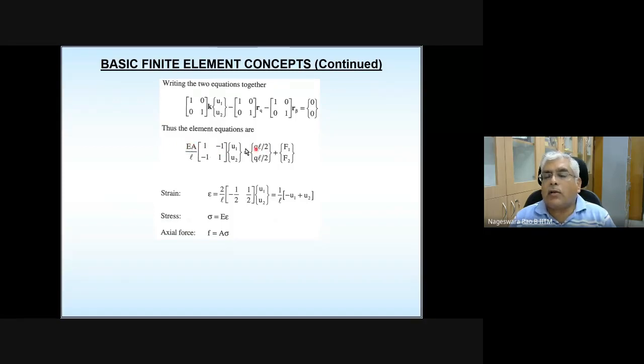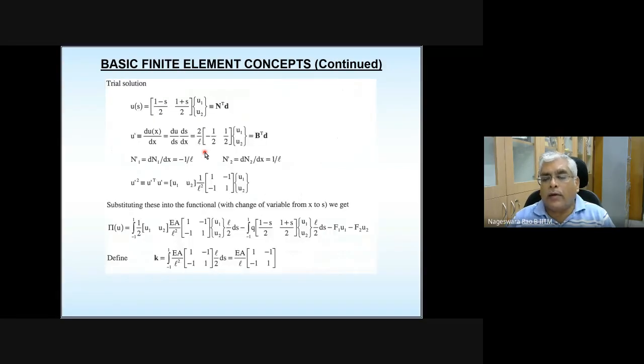If these are not constants, you need to go back here. Wherever you are doing integration, you need to go back and substitute E as a function of x, A as a function of x, and do this integration.